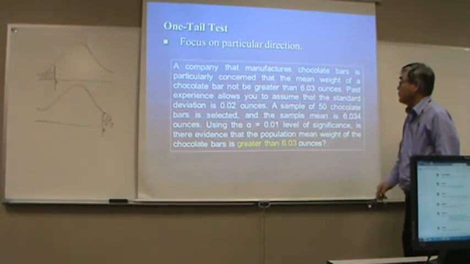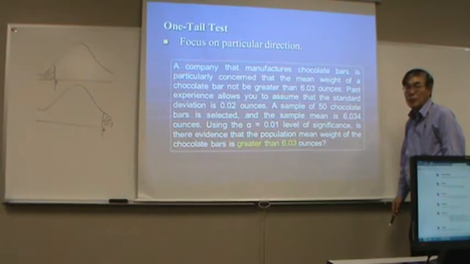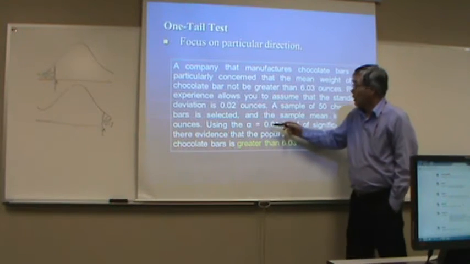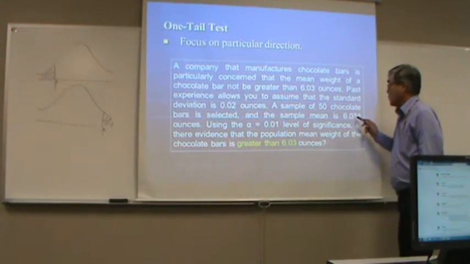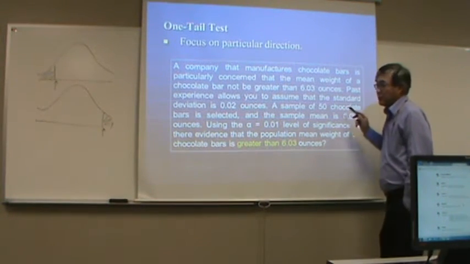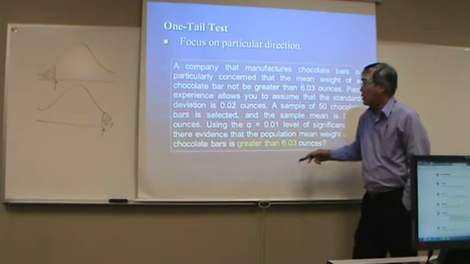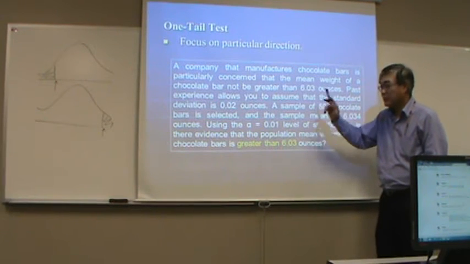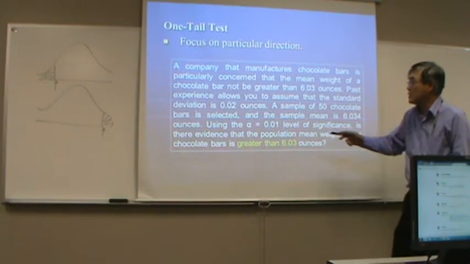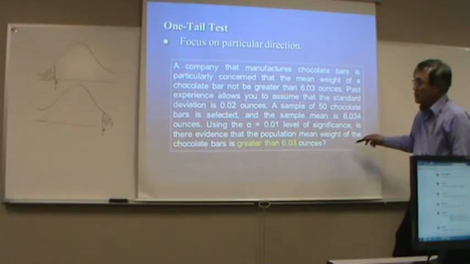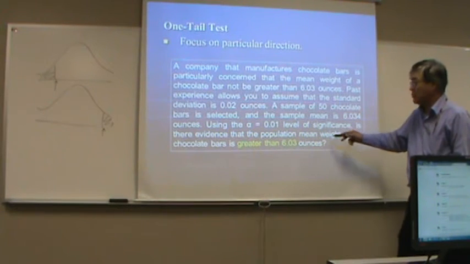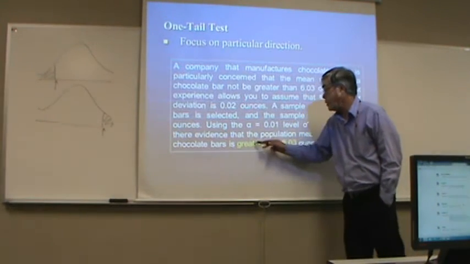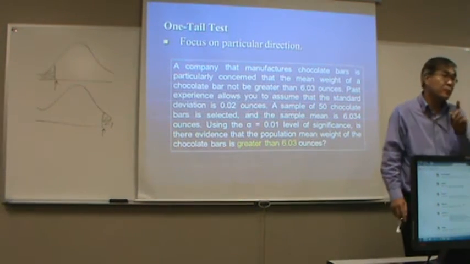A sample of 50 chocolate bars is selected. 50 is the sample size. And the sample mean is 6.034 ounces, using alpha significance level 0.01, 1%. The question: is there evidence that the population mean weight of the chocolate bar is greater than 6.03? Greater than.